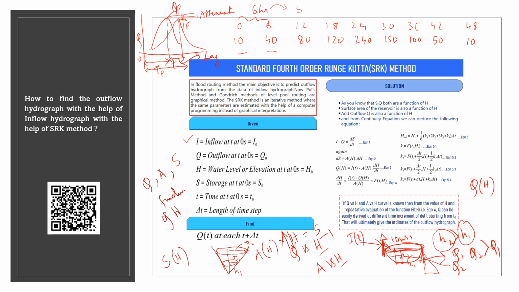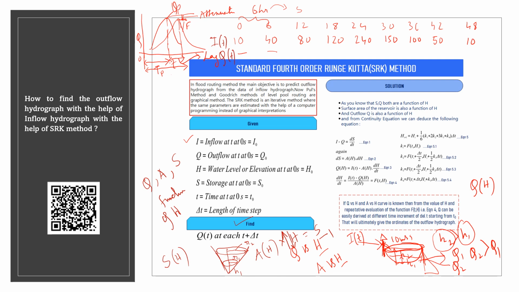Okay, so the question will be: find Q at each T plus del T. That means T plus del T is your input and you have to find the Q at that time also.